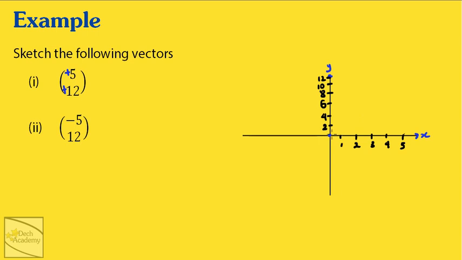So moving 5 units to the right in a horizontal direction takes us from the origin to this point here. Then moving 12 units in the positive y direction from the point we stopped at takes us to this point here, corresponding with 12 in the y direction.